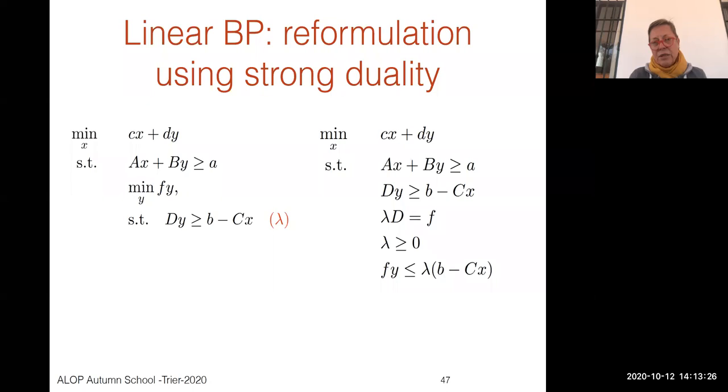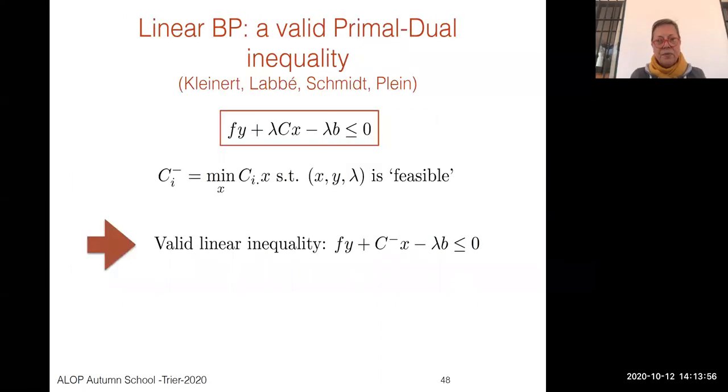As I explained already at the beginning, you have no link between the lambda world and the XY world. So at the beginning, it's very weak as a relaxation. And by adding this valid inequality that we derived, you link the two worlds, and you strengthen the model. This is one thing you can do that is useful and efficient.